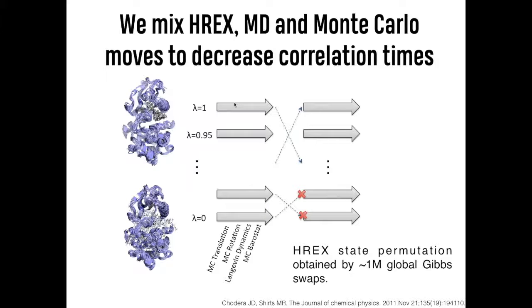Well, sorry, this is a little bit misleading. The Monte Carlo barostat step is done every 50 femtoseconds of Langevin dynamics. And at each iteration, we perform a Hamiltonian replica exchange through about 1 million global Gibbs swaps.